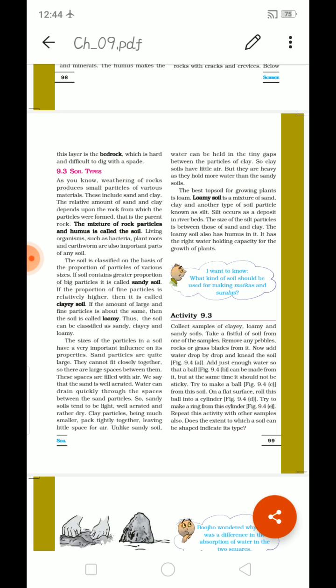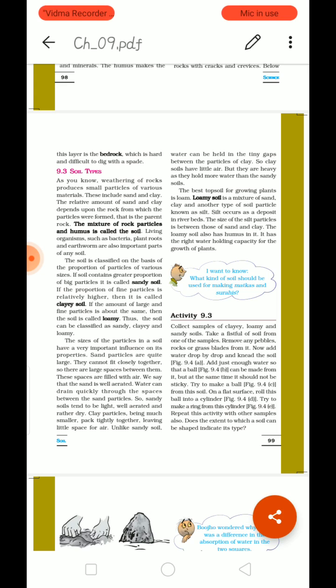Have you touched the river bed? On the river bed, the soil is very soft, not like sand or clay. It is of medium size. So the size of silt particles is between those of sand and clay.